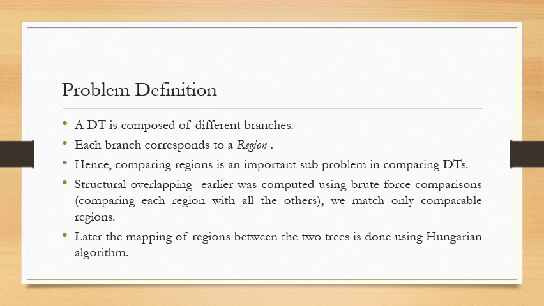That means for each branch in, say, a decision tree T1, we compare it with every other branch in the second decision tree, T2. This was not a very good solution according to us, so we are going to improvise on that first, and later apply the Hungarian algorithm.